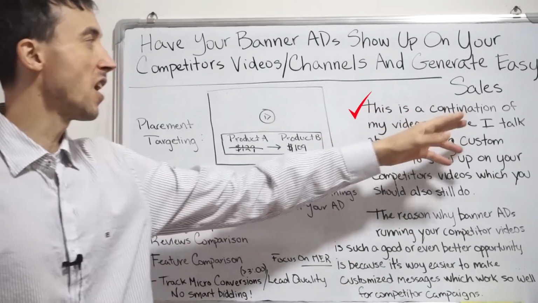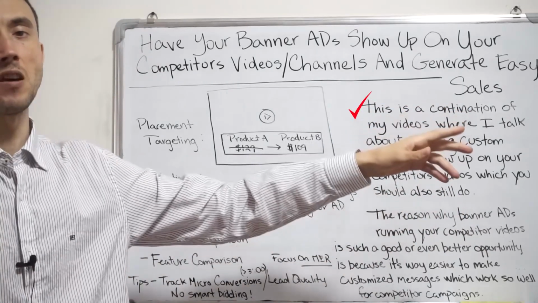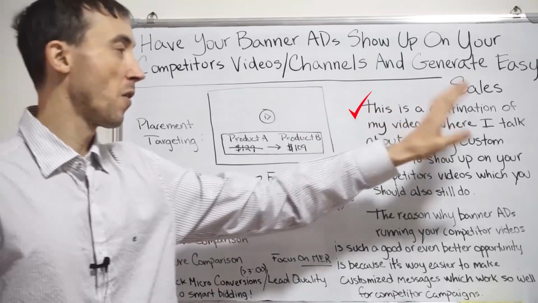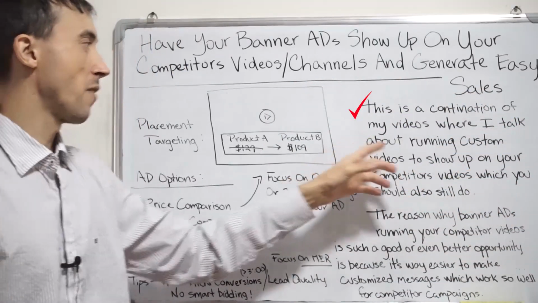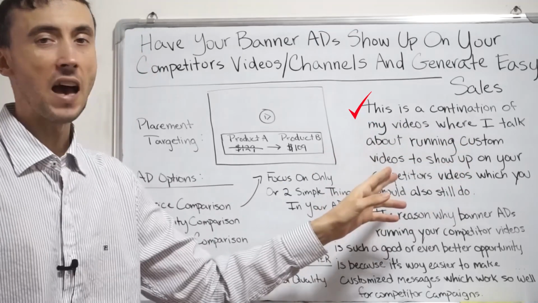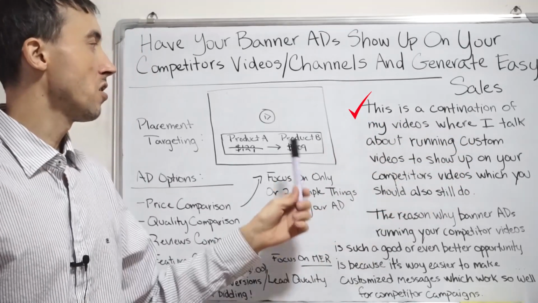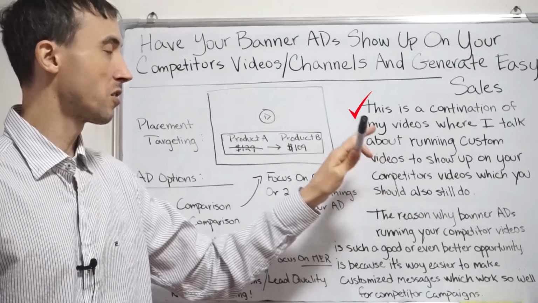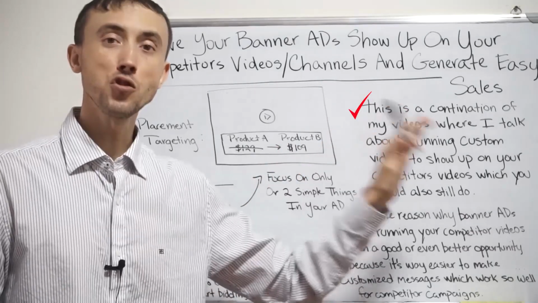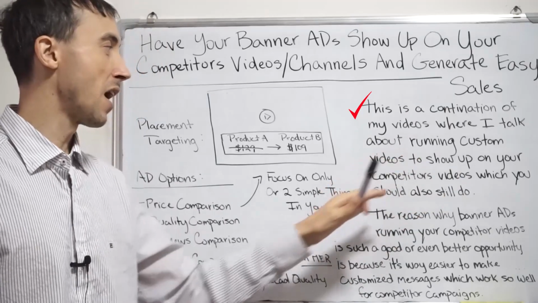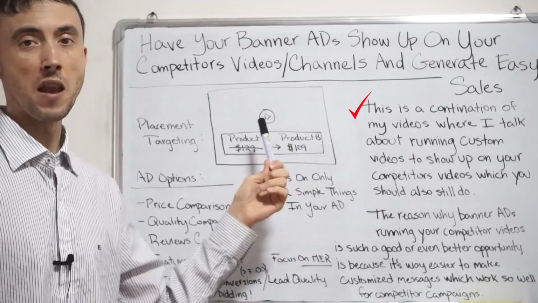So this is a continuation of my videos, I've created a couple of videos about this topic, where I've talked about running custom in-stream video ads that show up on your competitor's videos.